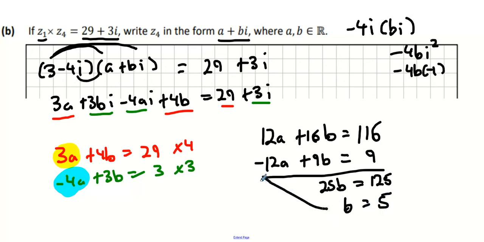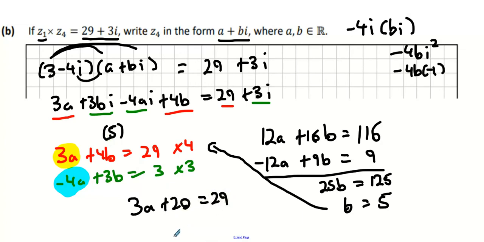Sub that back into one of the original equations. I'll choose the red equation. 3a plus 4 times b, 4 times 5 is 20, equals 29. This must mean that 3a must be equal to 9, because 9 plus 20 is 29. This means a equals 9 divided by 3, which is 3.